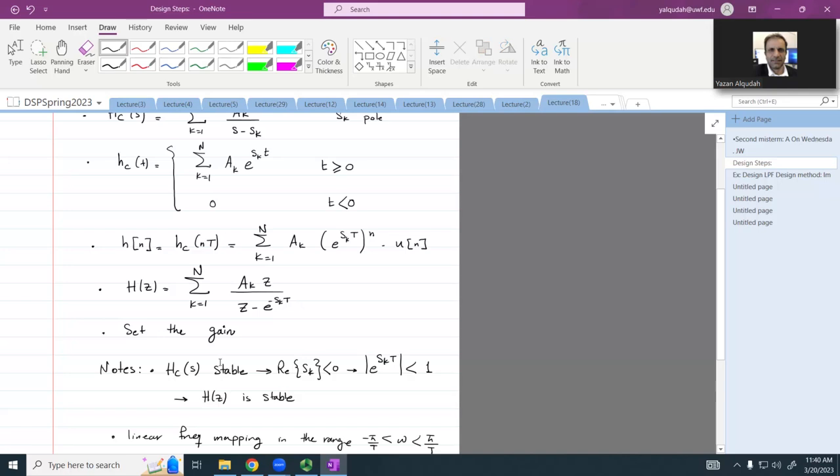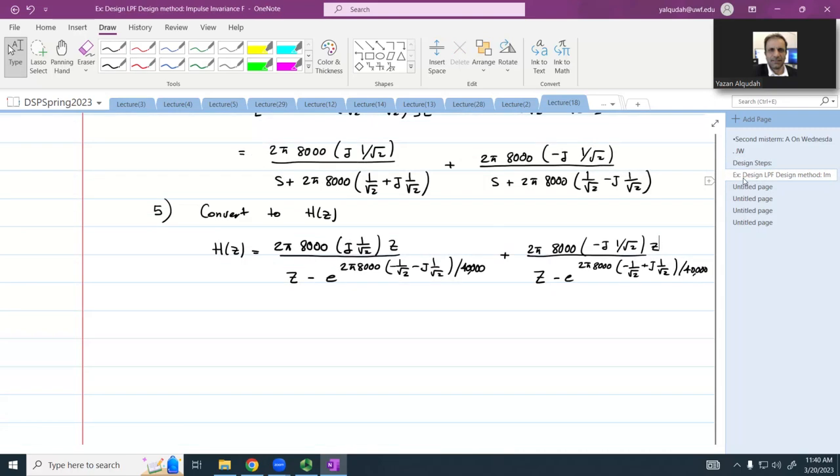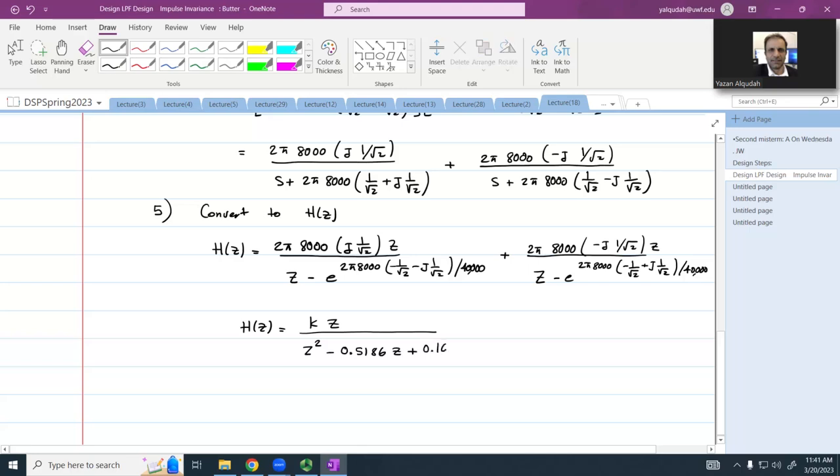Negative sk T. Okay. So we can simplify this. This is going to simplify to H of z equal to K, a constant, putting all these together, divided by z squared minus 0.5186 multiplied by z plus 0.169.